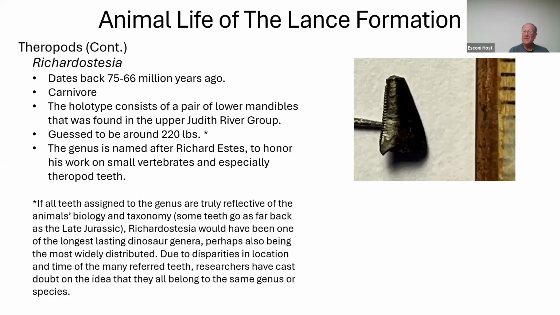I believe that would be Montana. They guess the size to be about 220 pounds. And it was named after Richard Estes in honor of his work with small vertebrates, especially theropod teeth. He also was very well known for his research in salamanders.